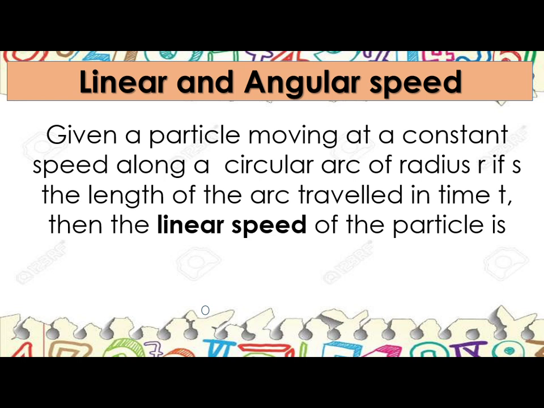Given a particle moving at a constant speed along a circular arc of radius r, if s is the length of the arc traveled in time t, then the linear speed of the particle should be represented like this. To find the linear speed, you just need to divide s over t, the distance over your time. That will be the formula.